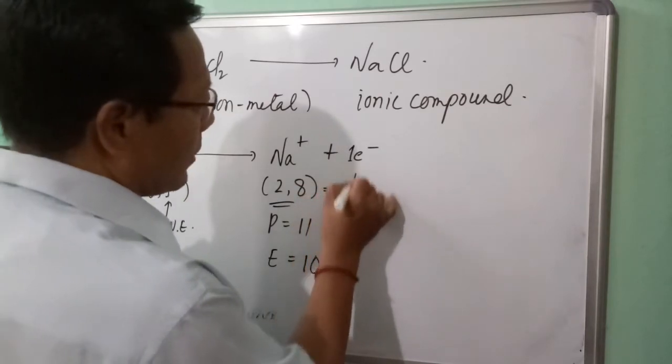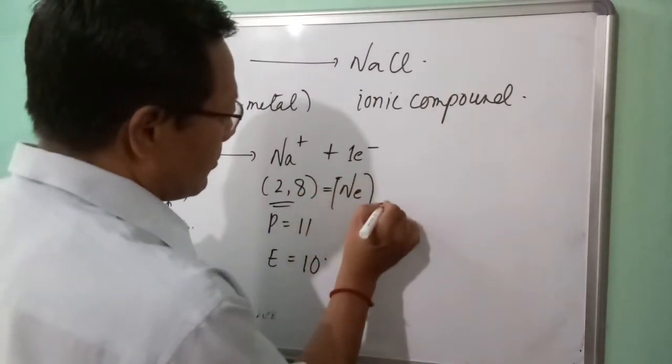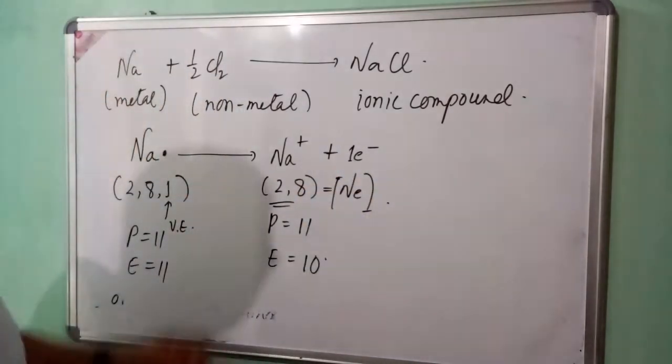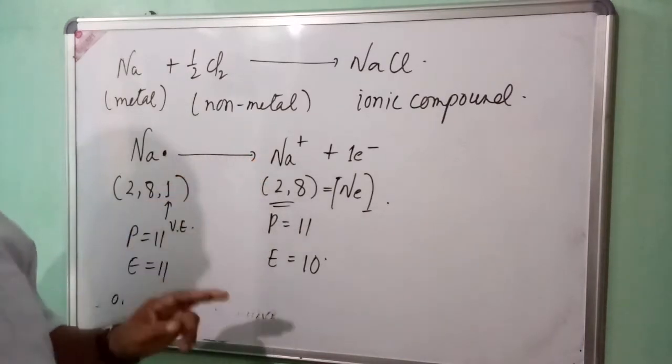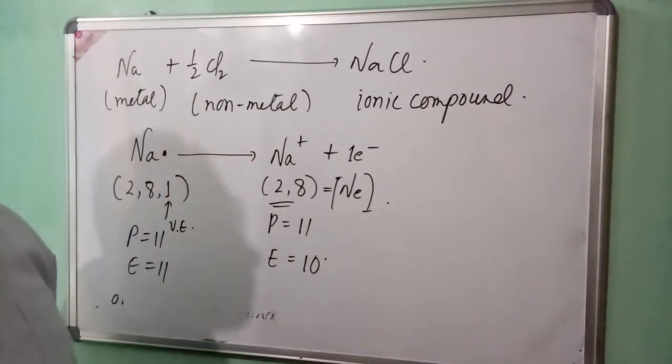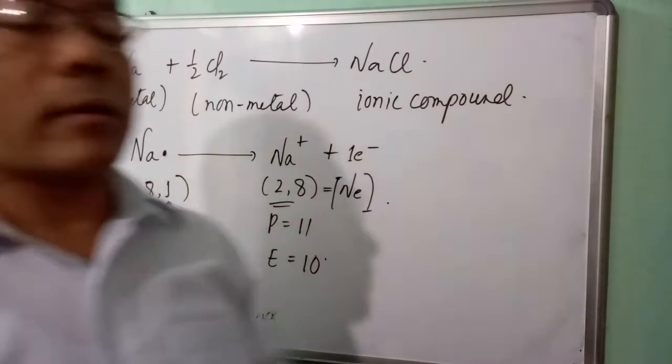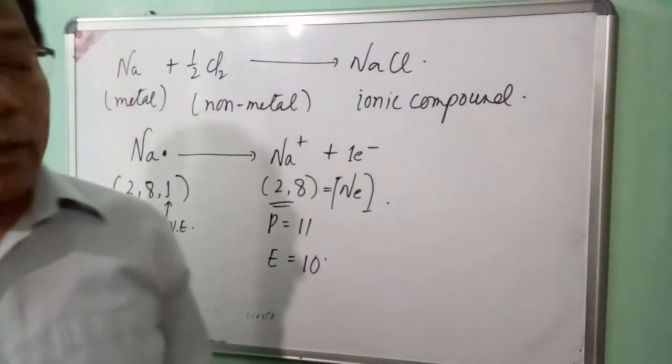After losing the electron, it gets the stable noble gas configuration of neon.